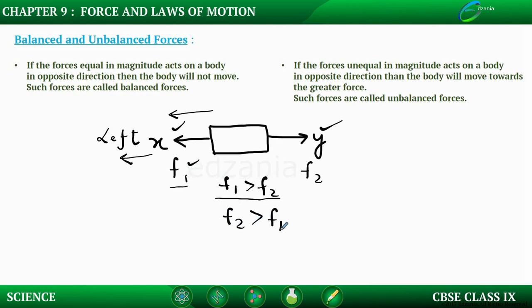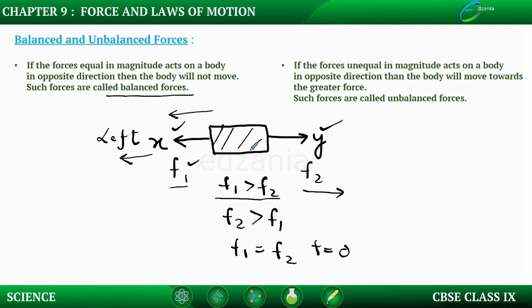This box will move towards F2, since F2 is greater than F1, and again the forces are unbalanced. What will happen if F1 becomes equal to F2? Then the condition that we have already studied of balanced forces will come into picture, where the net force acting on the body will become 0 and the body will not move.